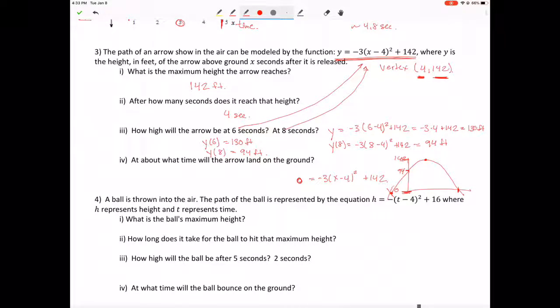You'd move negative 142 to one side, equals negative 3 times x minus 4 squared. Then we'd divide both sides by negative 3, square root both sides, and then add 4 to both sides.